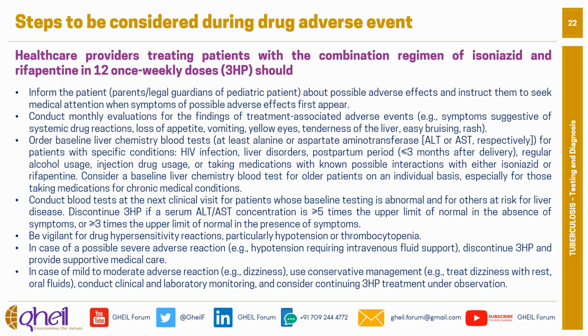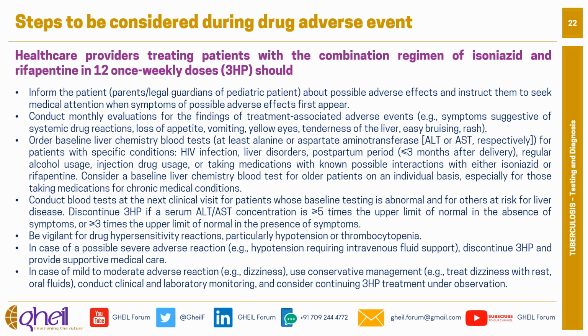Steps to be considered during drug adverse events. Healthcare providers treating patients with the combination regimen of isoniazid and rifapentine in 12 once-weekly doses, 3HP, should inform the patient, parents, or legal guardians of pediatric patients, about possible adverse effects and instruct them to seek medical attention when symptoms of possible adverse effects first appear.